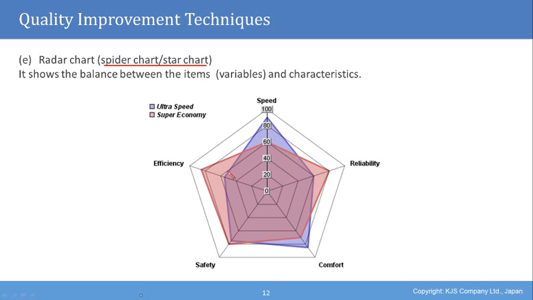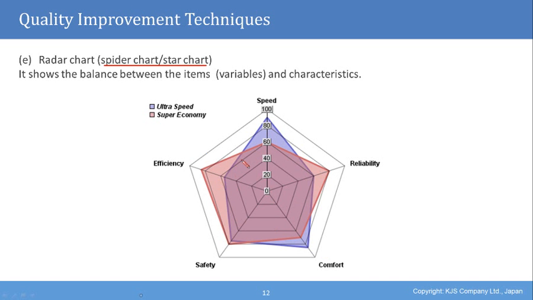And so it's very easy to see where things are leaned towards particular characteristics. For example, as the name suggests, the super economy model looks like it's leaned towards efficiency and reliability and safety, not so much speed and not so much comfort.